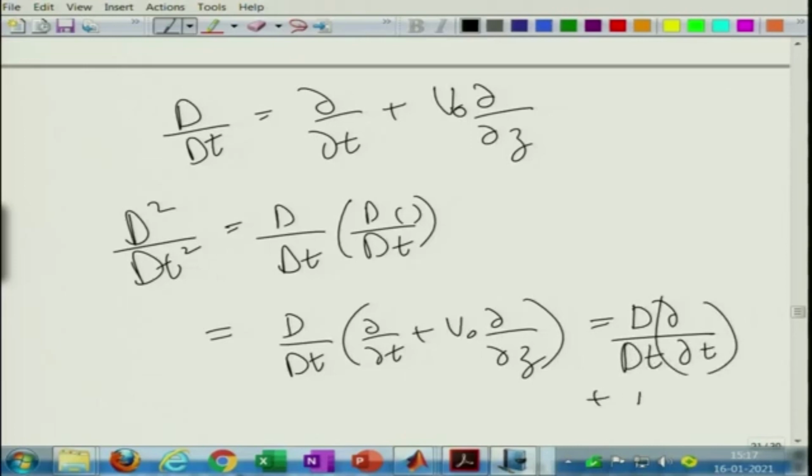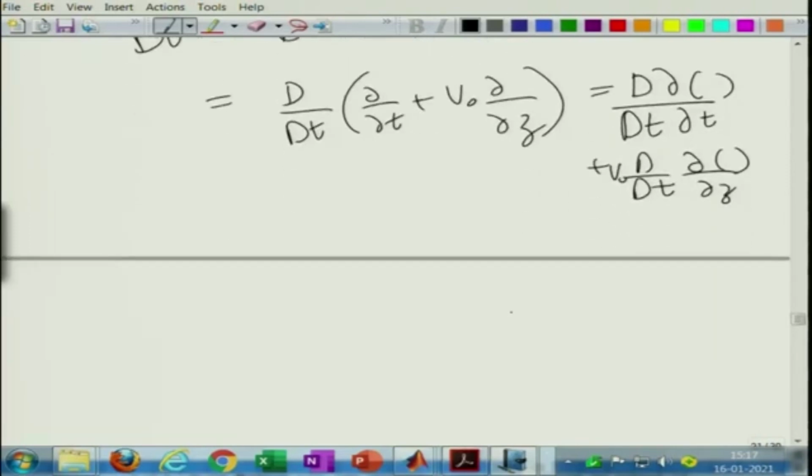It operates on this, plus D Dt of u naught I can take out, and this further operates on this thing. So, if we go to the next slide to simplify matters, let me work out the algebra a little quickly.